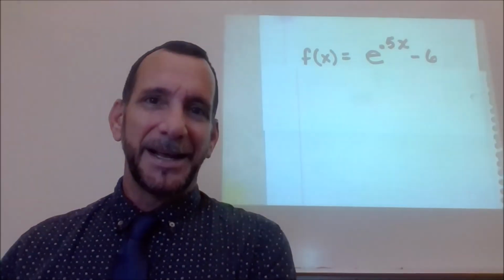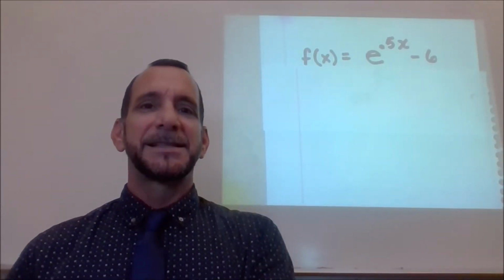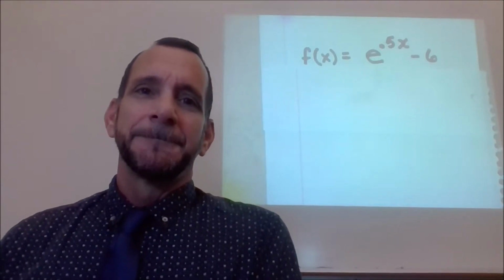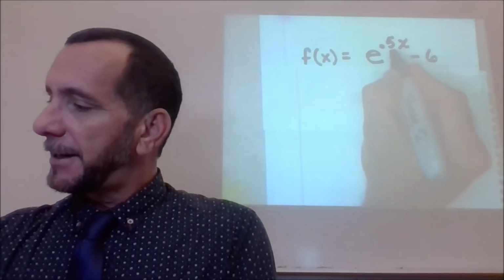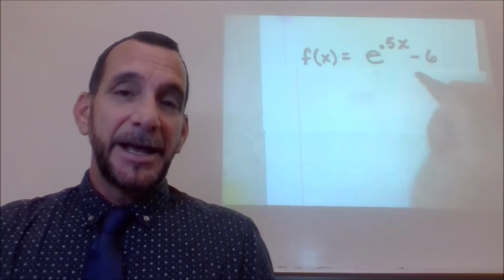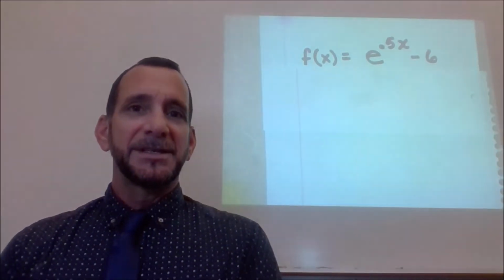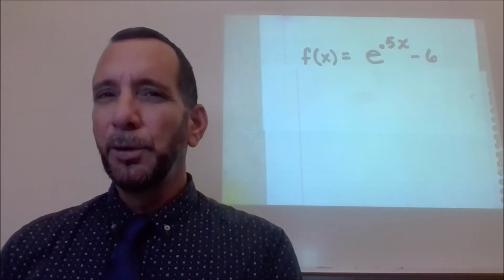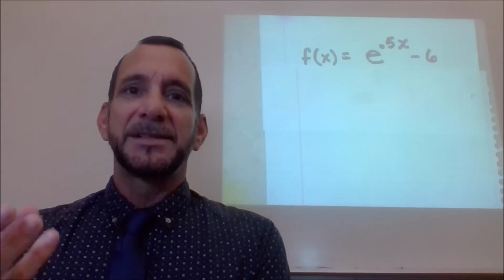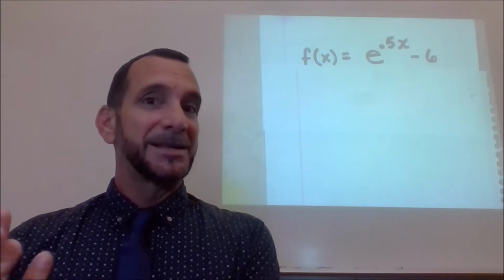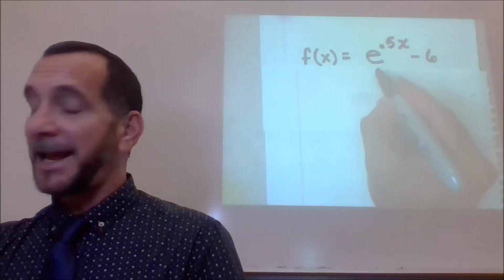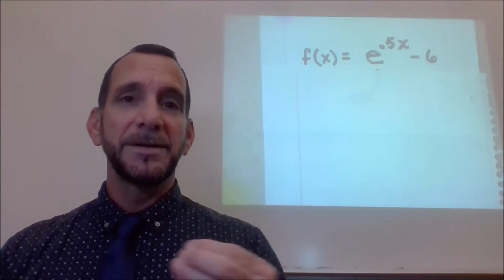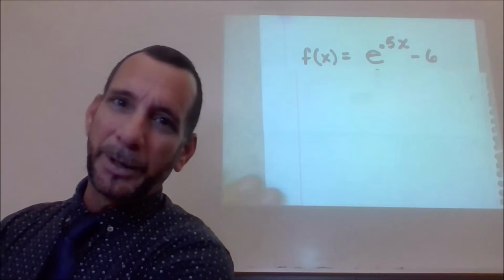So here we have an exponential function. It is a base raised to an x power, and we know that this number is attached to the x in the exponent, so this is a horizontal stretch or shrink. And remember the rule for horizontal: if it's less than 1, it becomes a stretch. So this is an e to the x function that is being stretched horizontally by a factor of 0.5.